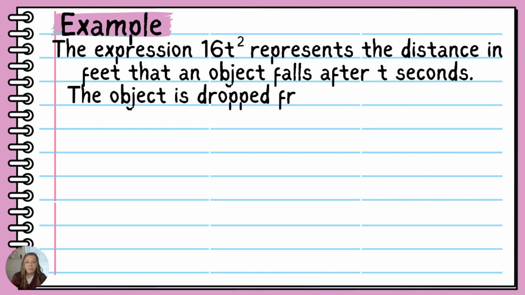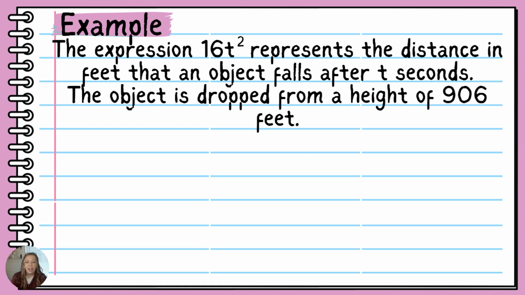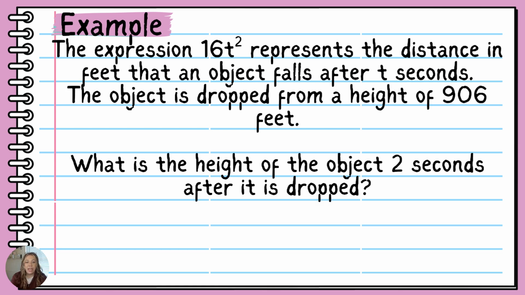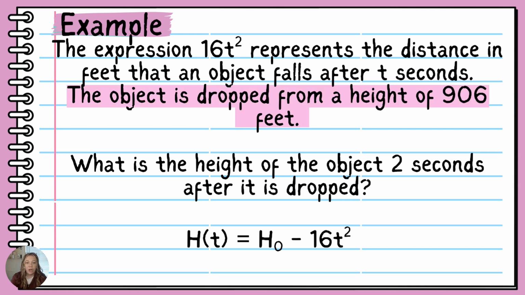So let's say the object is dropped from a height of 906 feet. What is the height of the object 2 seconds after it is dropped? We'll use our height function, which says that we can find the height by taking the initial height of the object and subtracting 16t squared. The object was dropped at 906 feet, so that's our initial height.